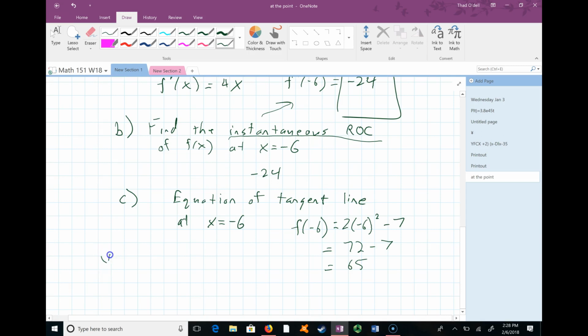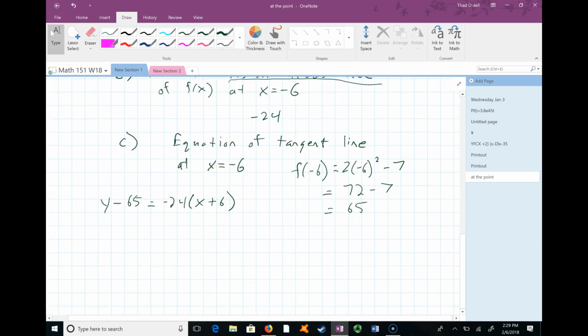So then my equation is going to be y minus 65 is equal to my slope, -24, times x minus -6, which would be x plus 6. And once again, the box has y equals, and then the box. So I'd move that 65 over, and put in here -24 times (x plus 6) plus 65. And that would be my answer for part C.